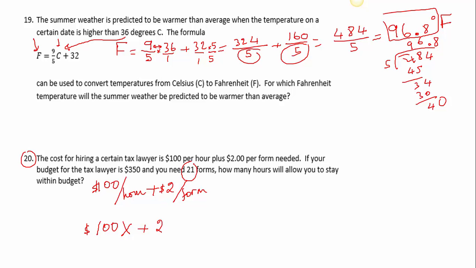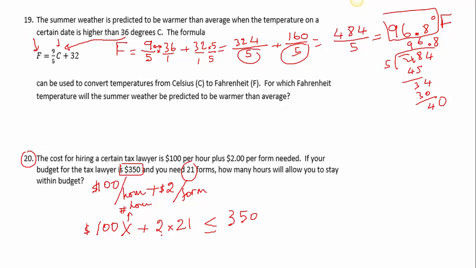How many forms do we have? 21. And I have a budget of $350, therefore I cannot exceed $350. So that would be my inequality. So I have $100 times X. X is the number of hours, which I don't know how many hours I can use the lawyer, but every hour I use a lawyer, I'm going to pay $100.